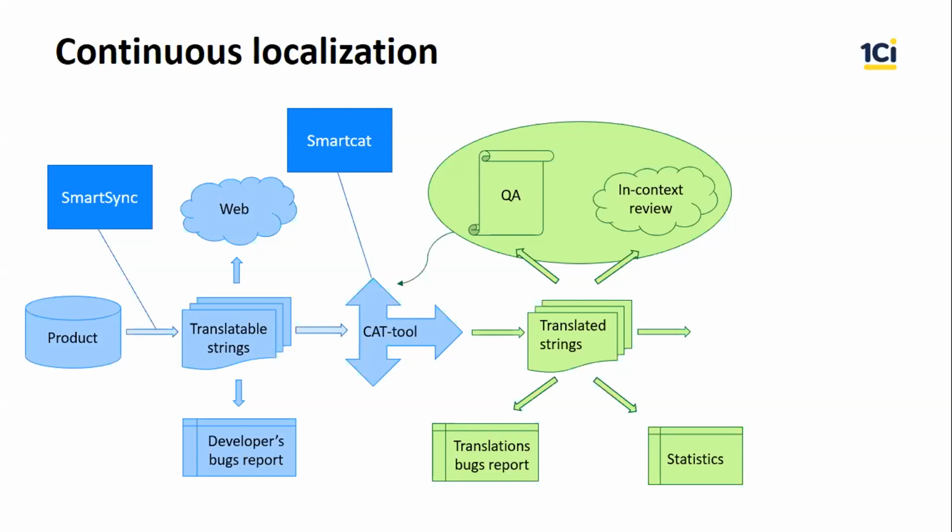We need to perform the quality assurance. The editor uses Verifika, which is a third-party tool for QA. The tool Verifika finds some types of mistakes like typos, translation inconsistency, and so on.